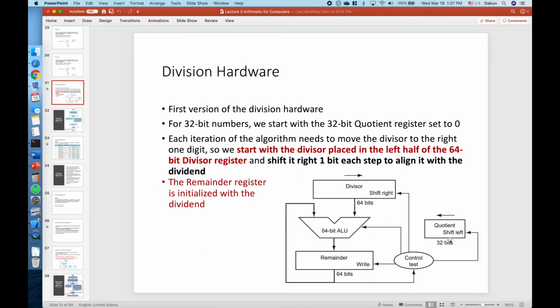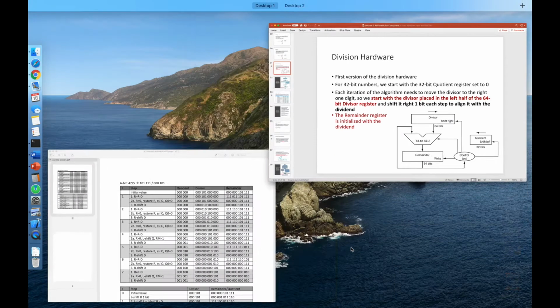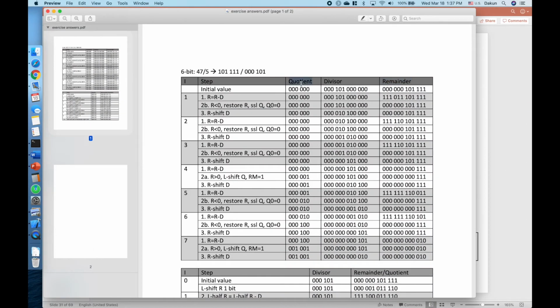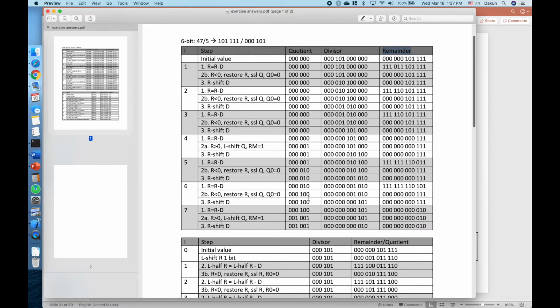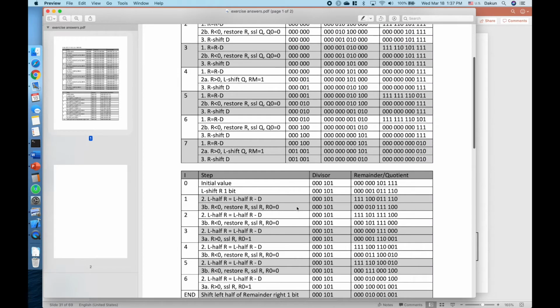If the quotient is 32 bits, then the divisor and remainder should double the size. So in this case, if the quotient is 6-bit, because we are doing division on 6-bit integers, then the divisor and remainder should double the size. Similarly, in the optimized division algorithm, the divisor is 6-bit, but the remainder and quotient register should be 12 bits.